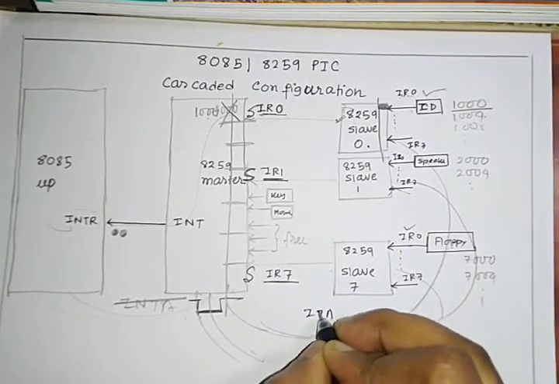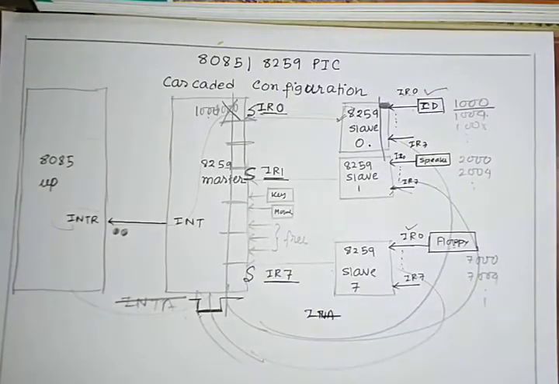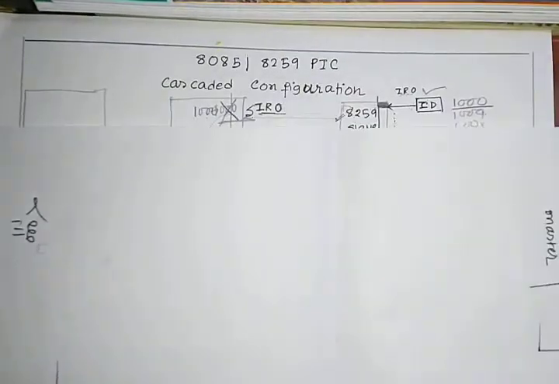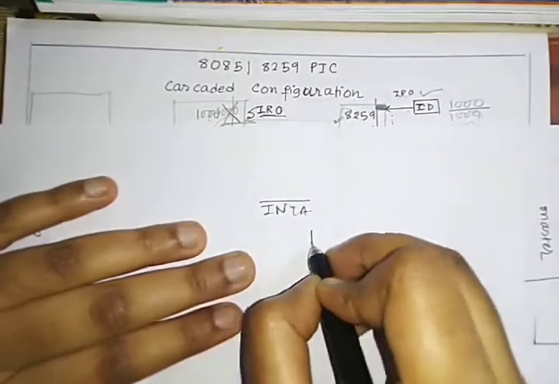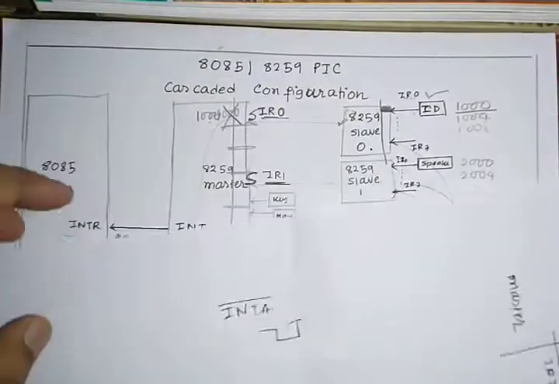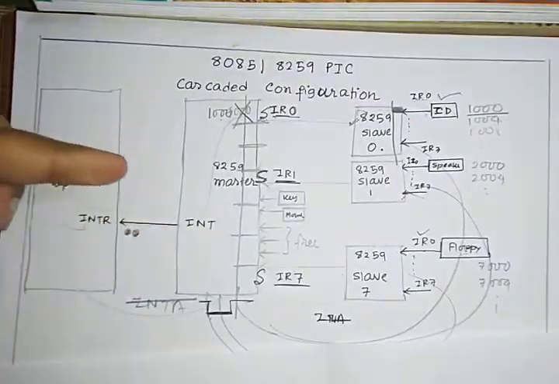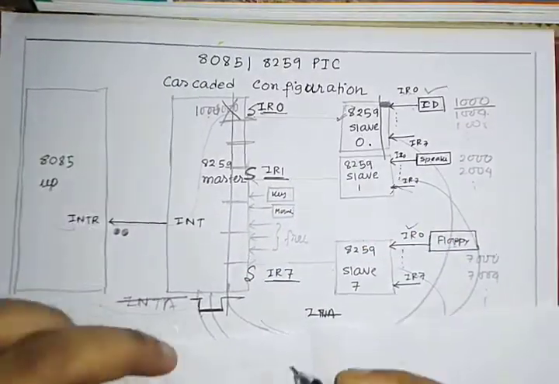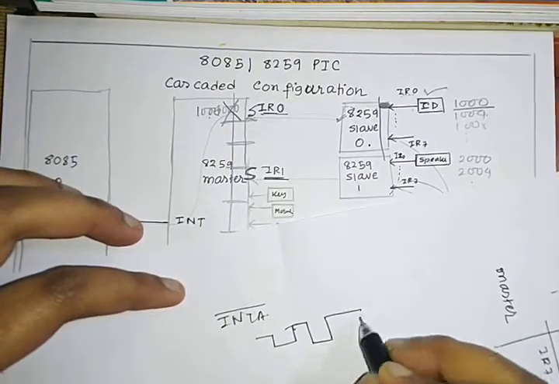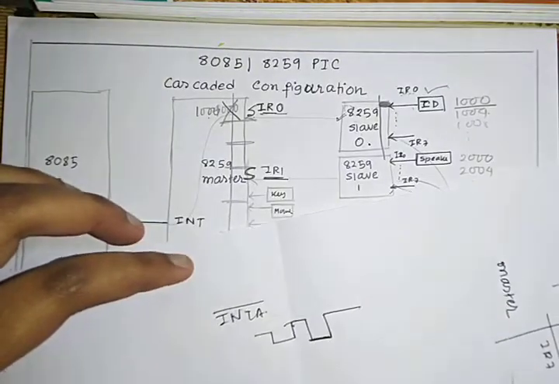INTA bar. The first signal for call is being produced. It gives the first INTA signal. We get the opcode for the call instruction. On the second signal, I want that lower address.